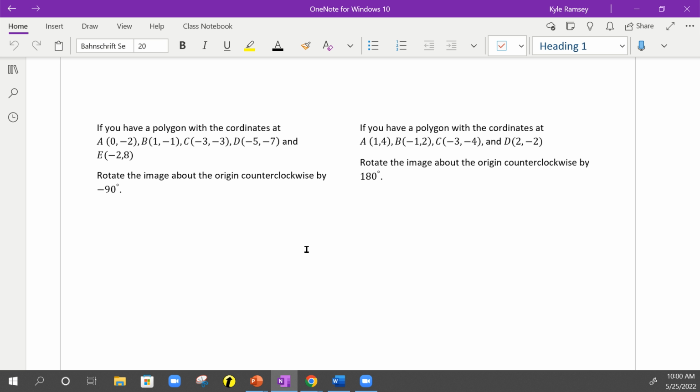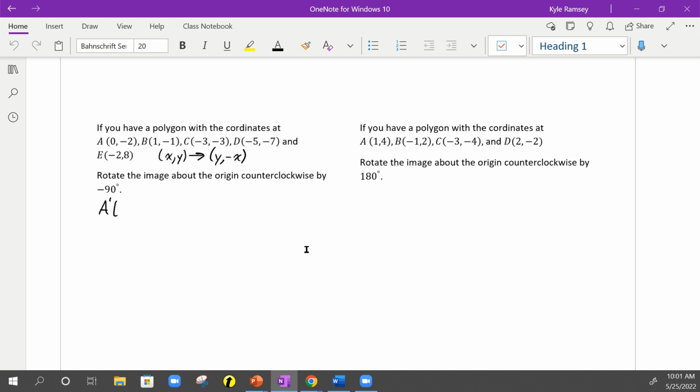We're going to rotate the image about the origin clockwise by negative 90 degrees. So we look at our guide, and it says y, negative x. So that is our guide for this one. So A, swap the two.